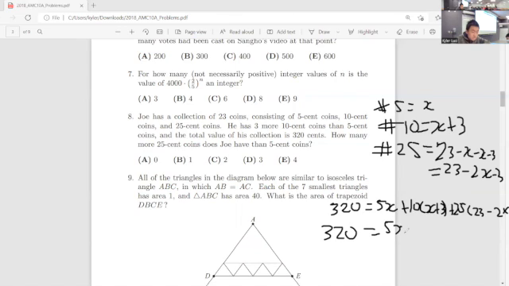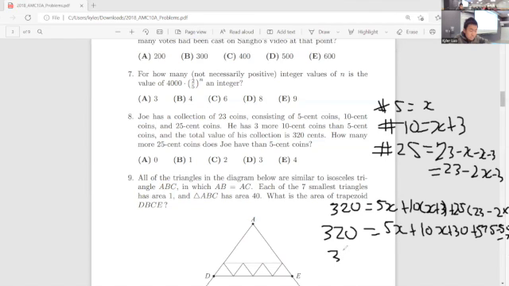We use the distributive property: plus 10x plus 30 plus 575 minus 50x minus 75.